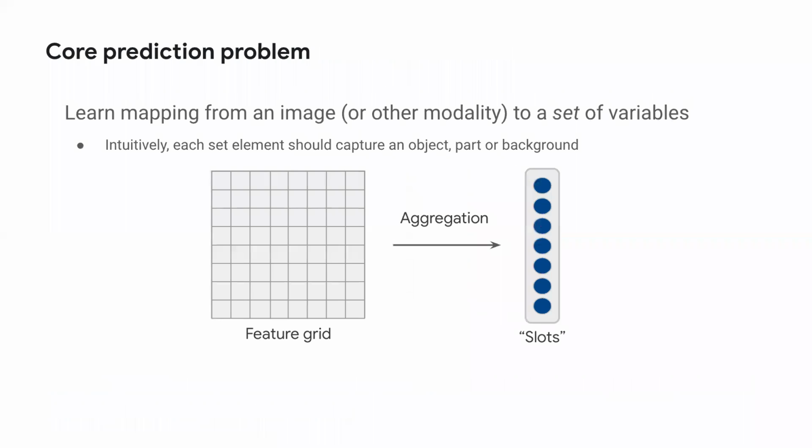The core prediction problem is, as I said before, this mapping from grid to set, and each element of this set should capture an object, some part of an object, or some part of the background.